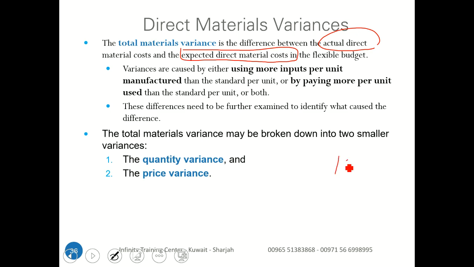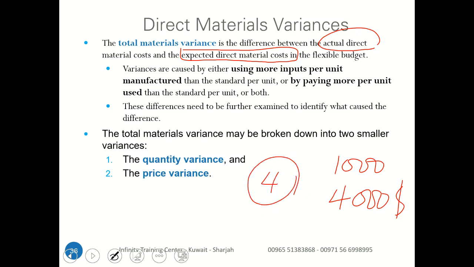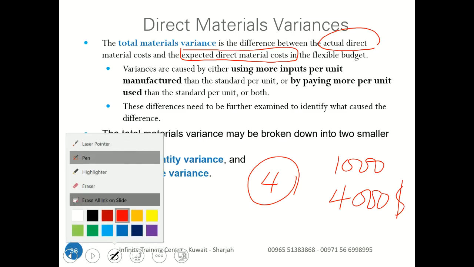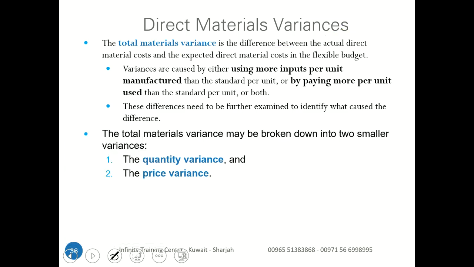For example, when you produce 1000 units, how much you are supposed to spend based on the standard. Say the example is I am supposed to spend $4,000 because my standard cost is $4 per unit. So this you will compare with how much you actually spent. That is what we call total material variance. Now this total material variance we have to further investigate to see why this happened.